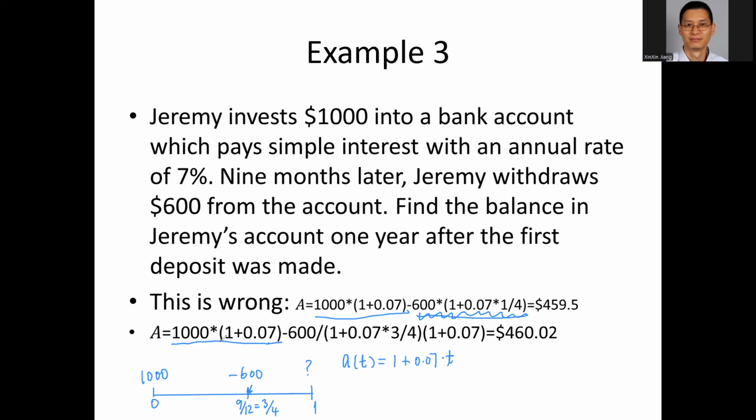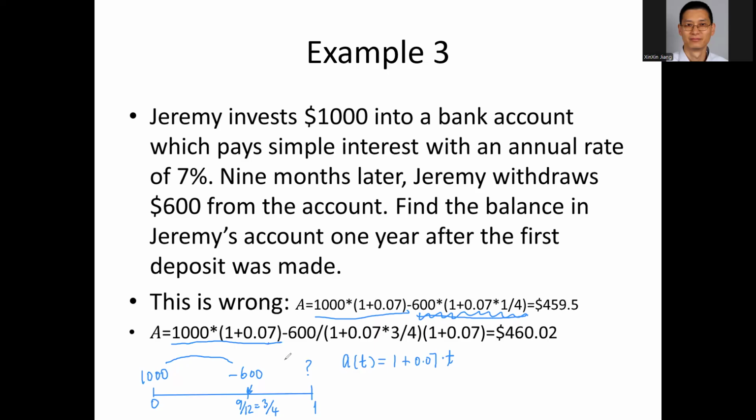The correct way is you calculate the accumulated value of $1,000 at time one, which is 1,000 times 1 plus 0.07. And then you need to figure out the equivalent value of $600 at 3/4, the equivalent amount of this value at t equals 0. So the $600 at 3/4 is equivalent to what value at time 0?